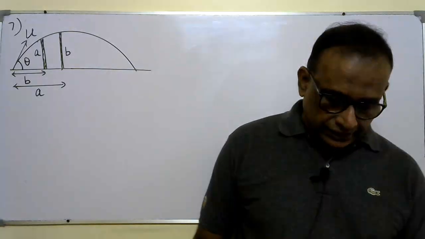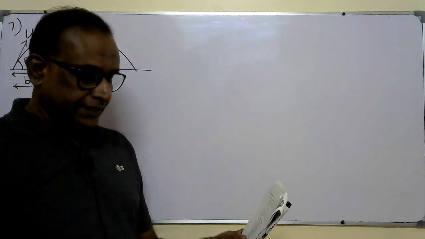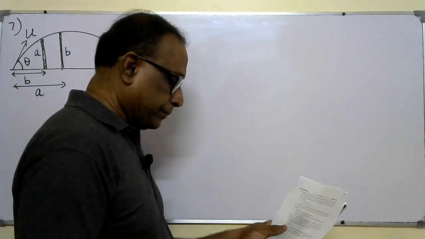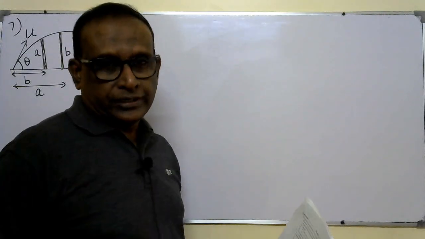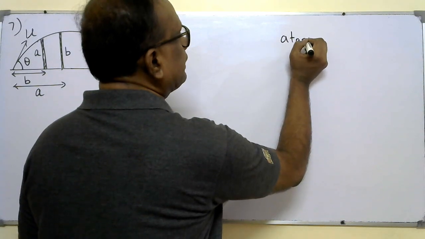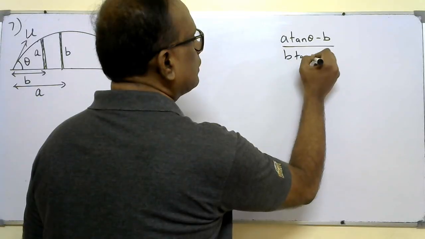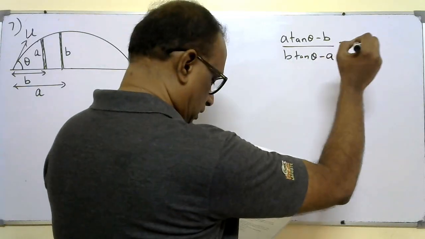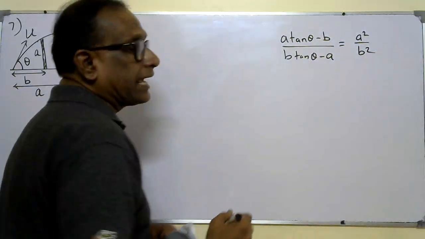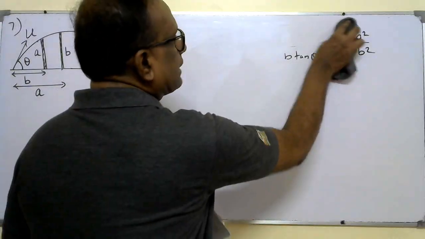I forgot to write it, but the first expression is A tan theta minus B over B tan theta minus A equal A squared over B squared. They asked me to show that in the second part. The first part I am not doing, it's a theory part. They also show that where theta is the angle of elevation of the projectile. So I didn't mention that, but anyway, that's the angle of elevation.